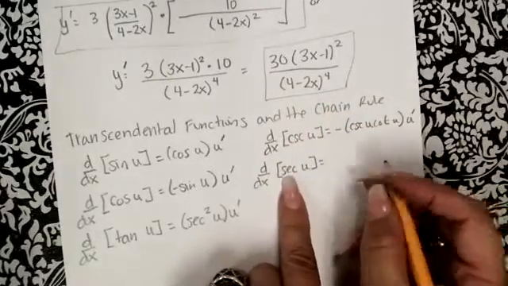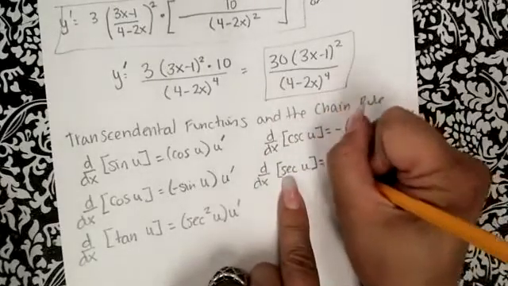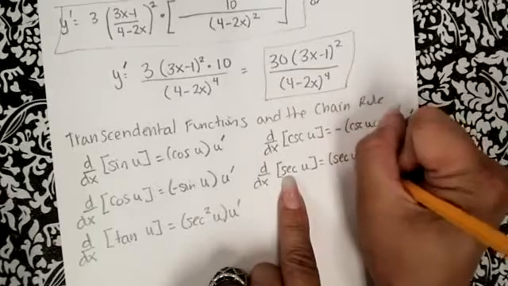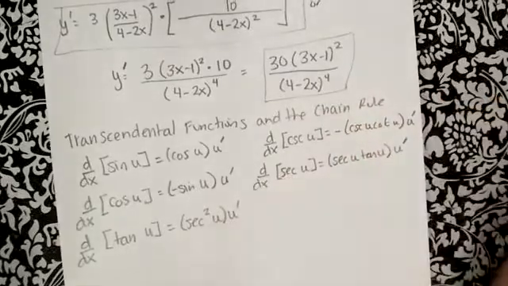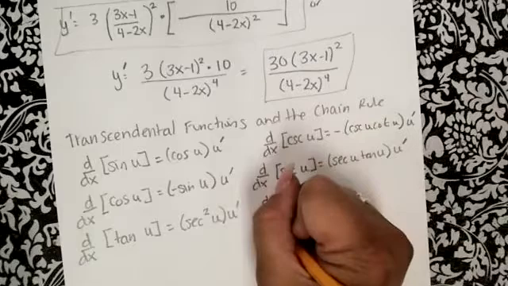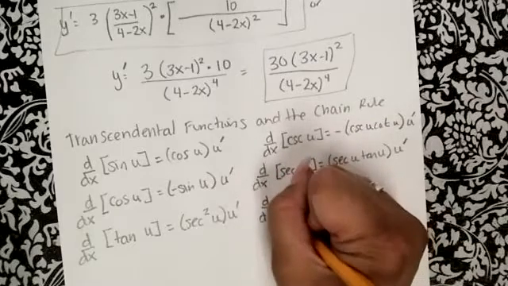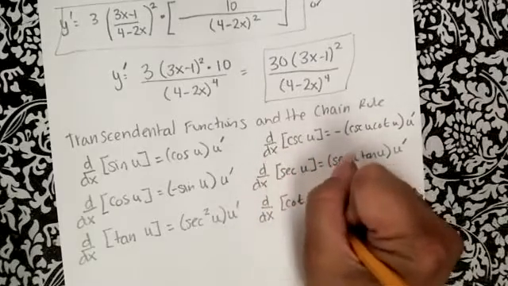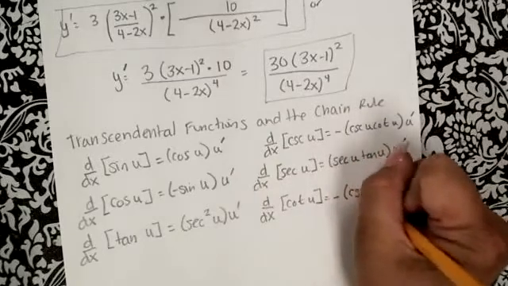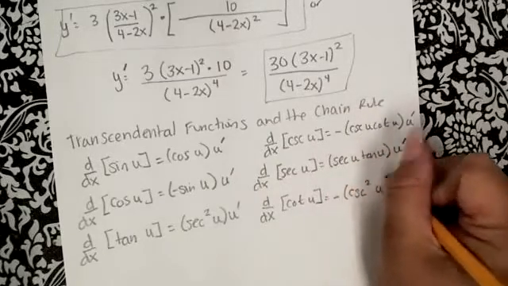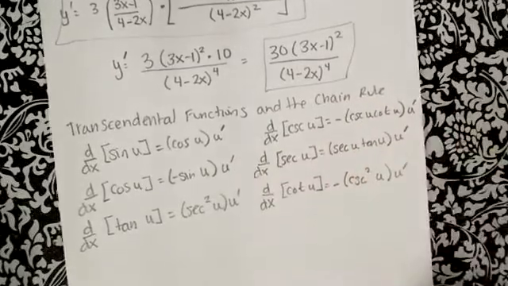The derivative of secant is going to be secant u tangent u, and then take the derivative of the u, the argument. And lastly, the derivative of cotangent is going to be negative cosecant squared of the argument times the derivative of the argument.